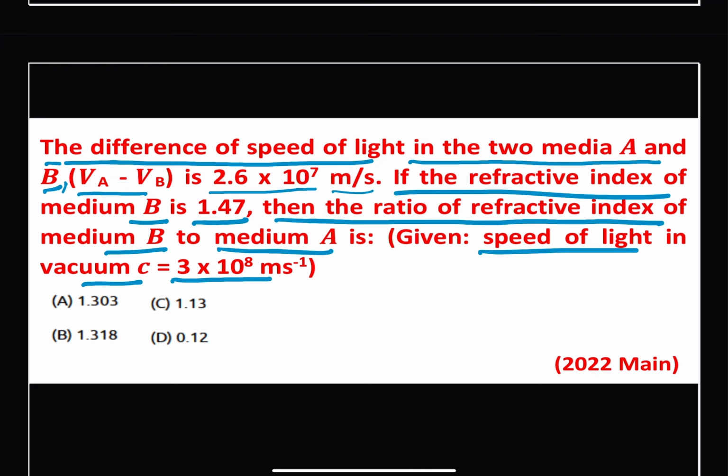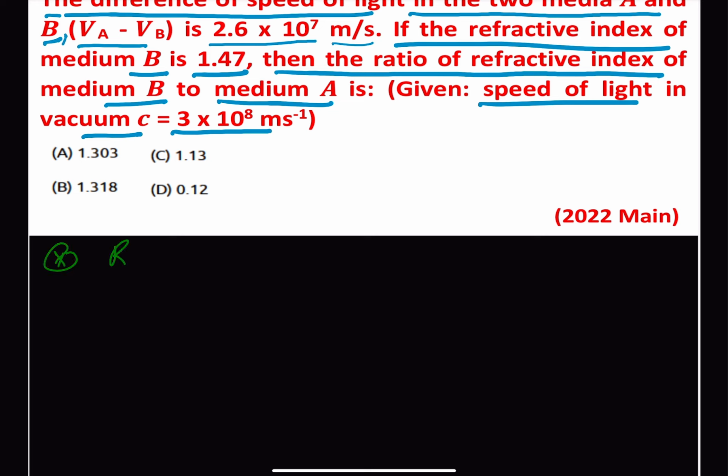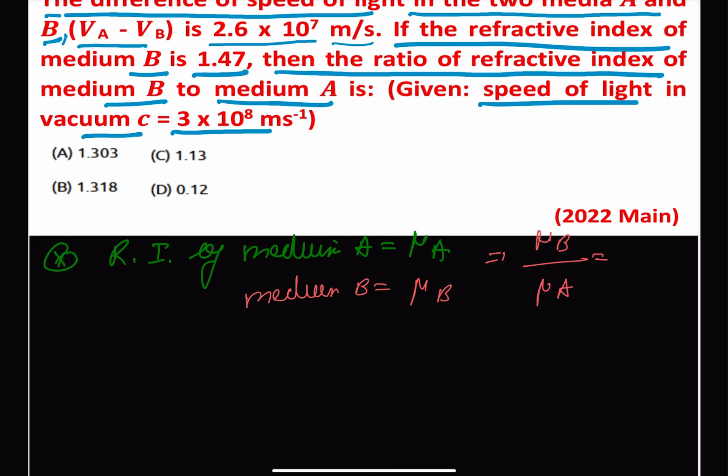So here we have to find the ratio of the refractive index of medium B to medium A. Let us say the refractive index of medium A is given as mu A, and the refractive index of medium B is given as mu B, and we are supposed to find the ratio mu B to mu A. We know the relationship between the refractive indexes and the velocity within that particular medium.